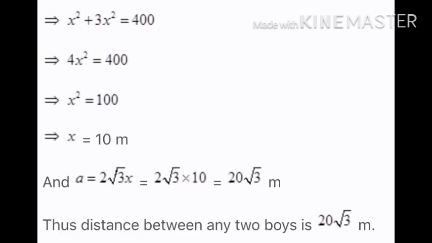Thus the distance between any two boys is 20 root 3 meter. It means the length of the string of each phone is 20 root 3 meter.